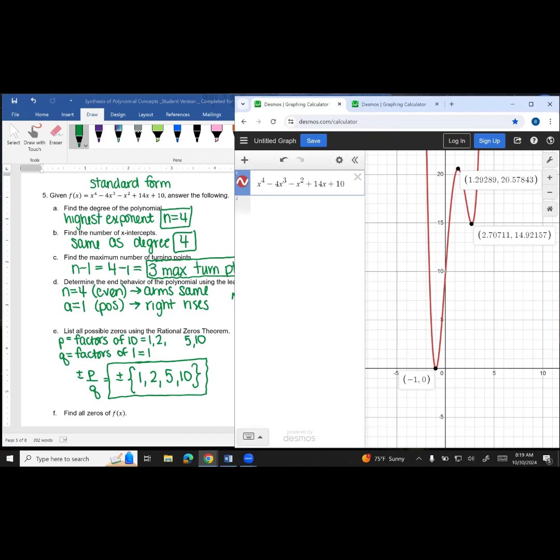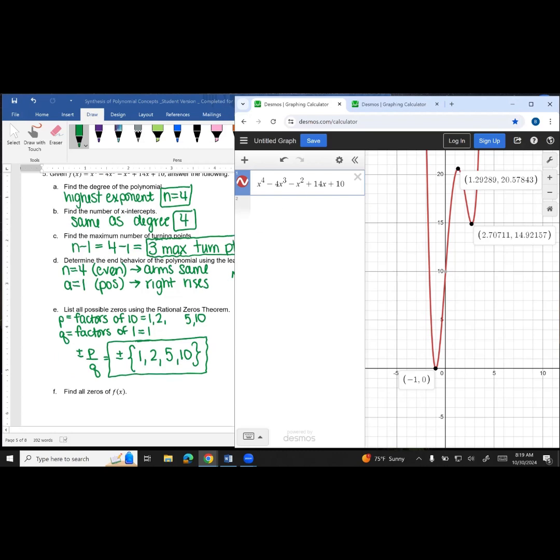There's one at negative 1, another one at x equal to 1.29, and then a third one at x equal to 2.71. So that took care of our turning points, which is pretty cool. Notice that our only x-intercept, zero, root, solution that's real is -1. That's the only place where we cross or touch the x-axis.